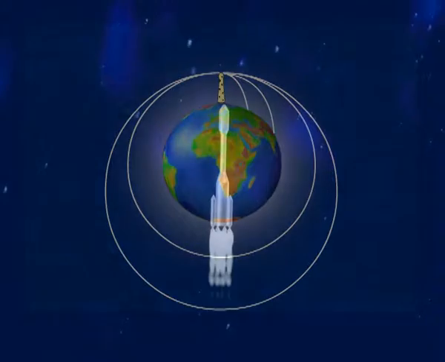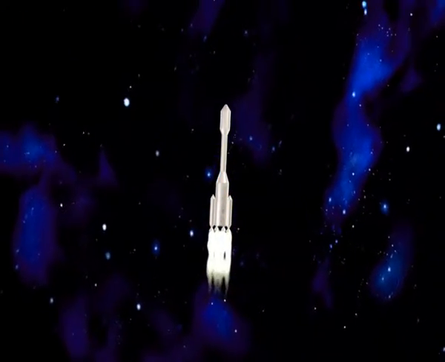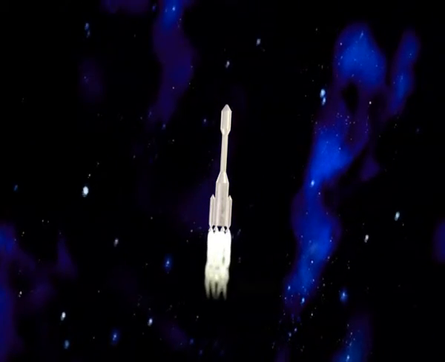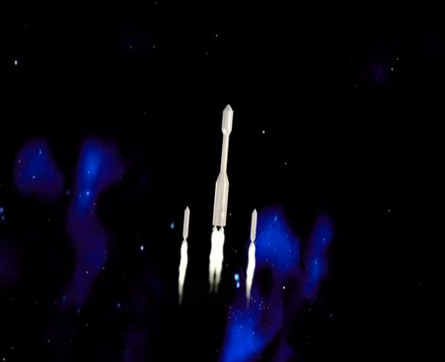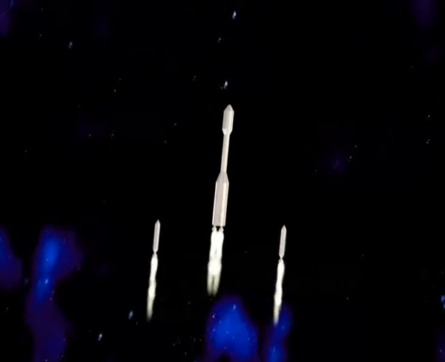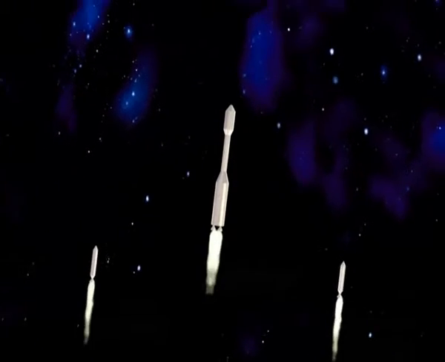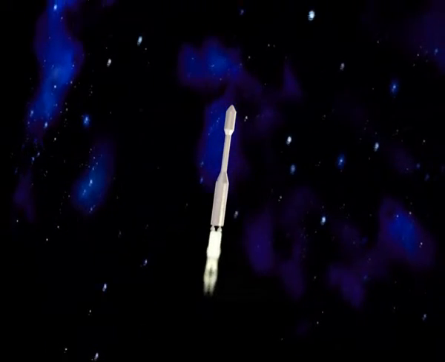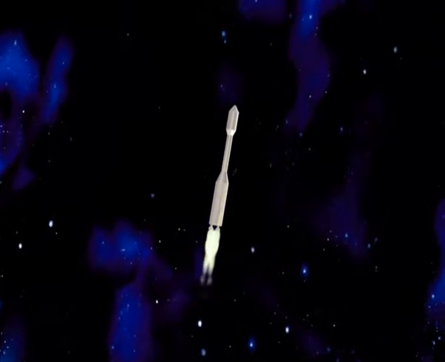However, an artificial satellite is launched into space with the help of at least two-stage rocket. The satellite is placed at the tip of the rocket. The first stage of the rocket takes the satellite vertically up against the gravity to the desired height of its orbit above the surface of the earth.